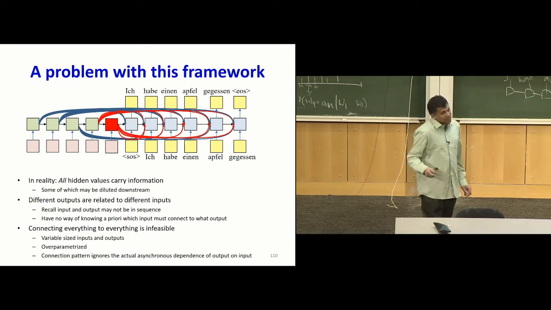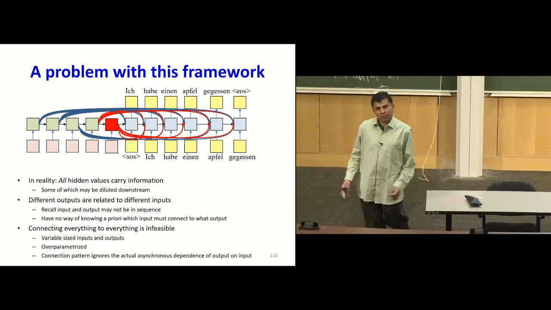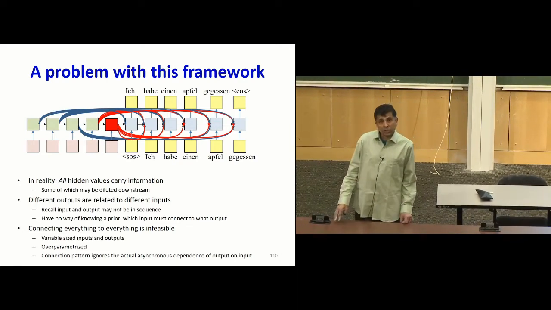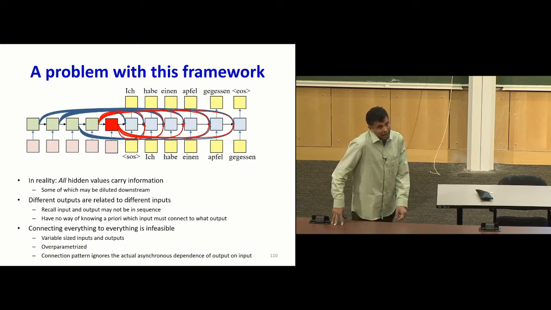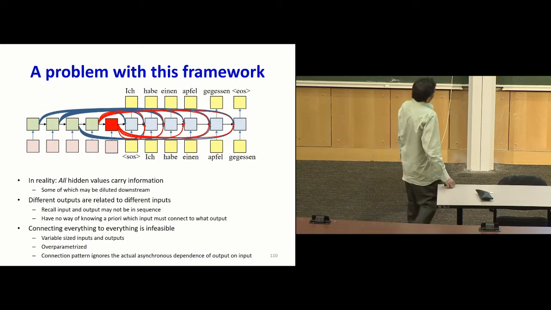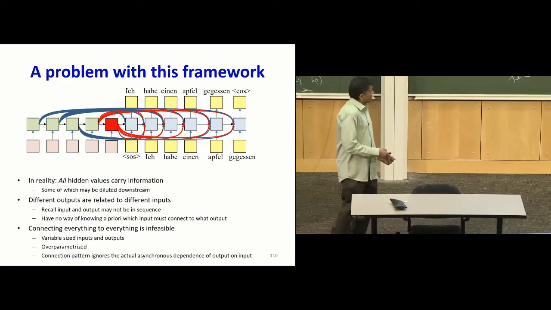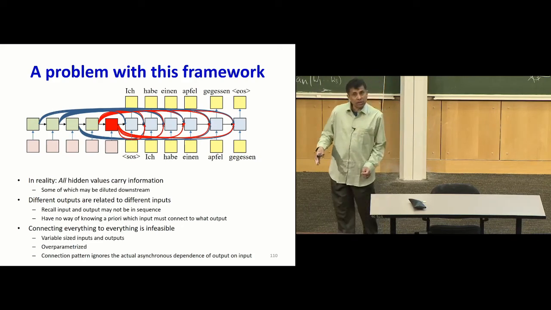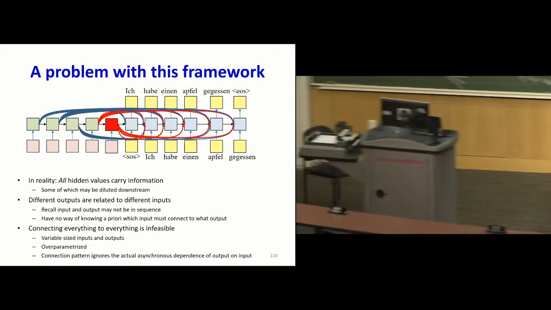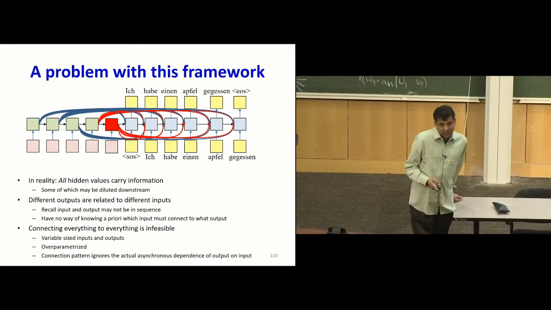If you decide instead that I'm going to connect every input hidden representation to every output hidden representation, the number of connections is going to blow up. This will become highly over-parameterized. And moreover, connecting every input to every output sort of beats the purpose because it ignores the actual asynchronous dependence of the input to the output. You're ignoring the fact, for instance, that gegessen really wants to focus on ate and not something at the end, right?